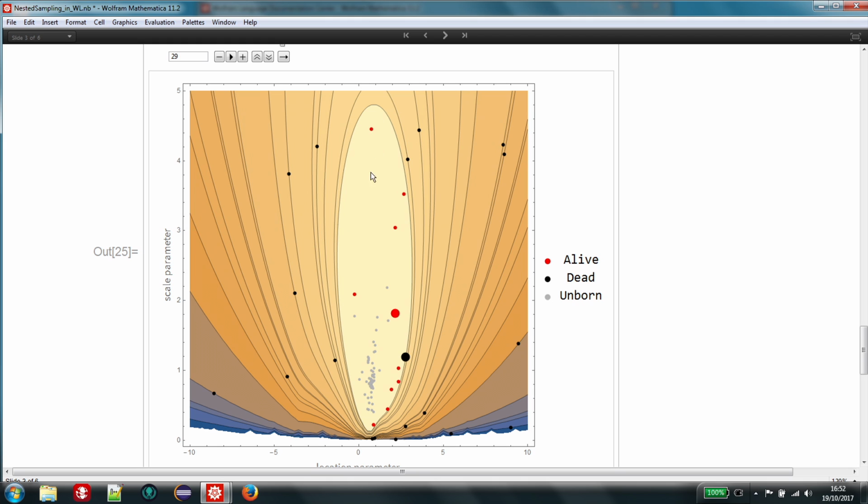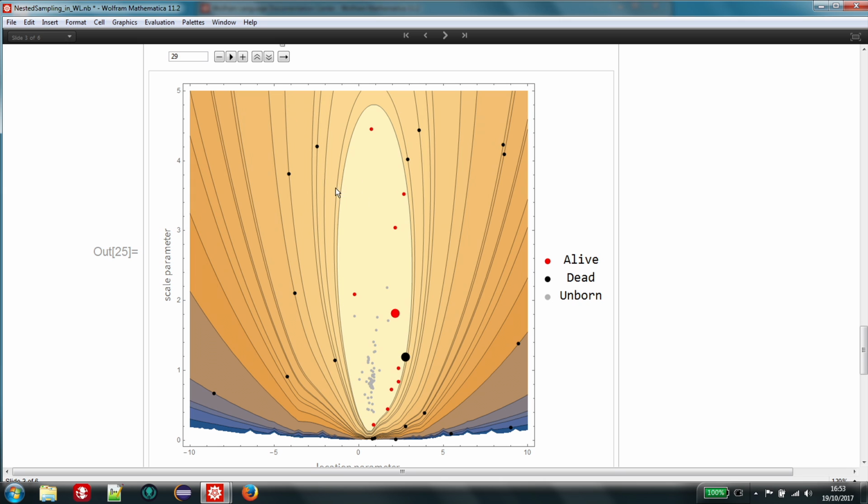And what you can now actually do is that each of these points, you assign a weight, and then you get samples from your posterior distribution. So in normal Markov chain Monte Carlo, you just generate a bunch of samples, and those are all weighted the same. They all have the same weight.